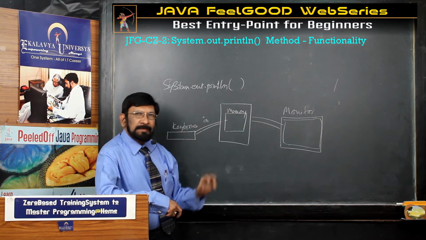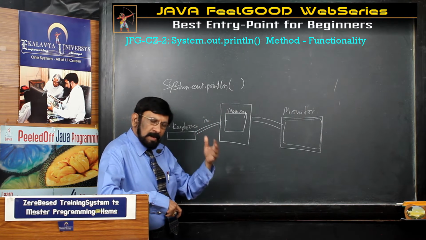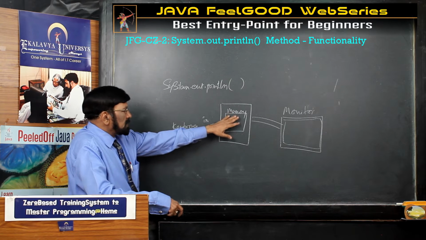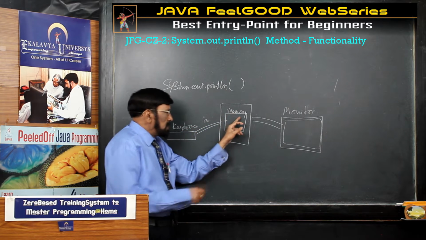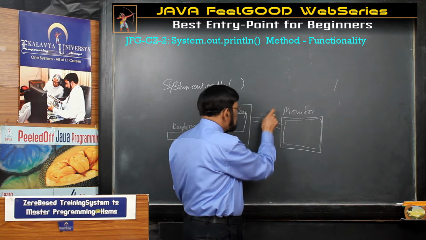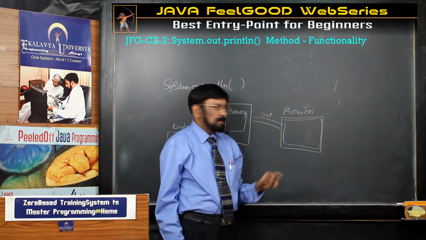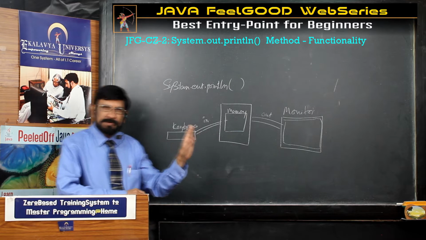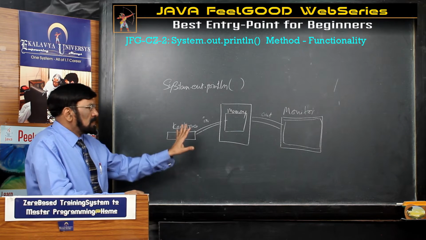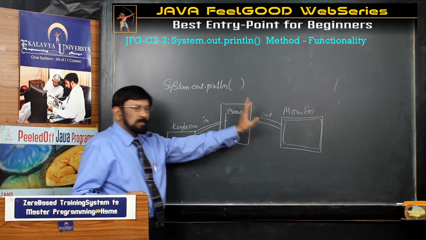And how can you display that? Data is stored in the memory. It may be basic data, processed data or output. Then it should be transmitted from here to here. For that purpose, one stream is required: out. You need this much information, otherwise it is like a blind person's walk. So we are dealing with the out stream.